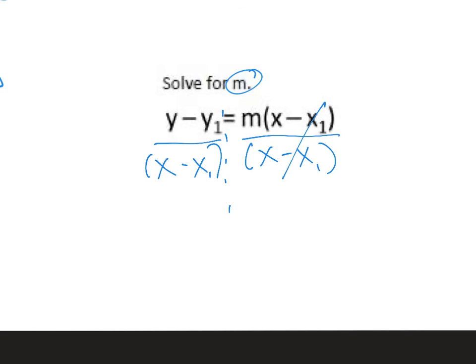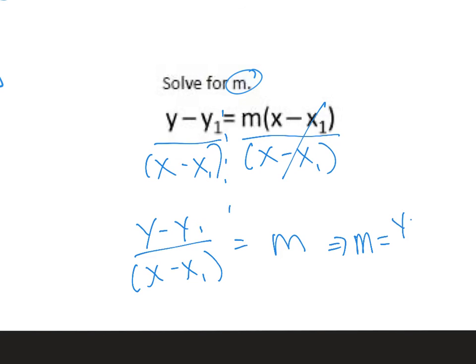We end up with y minus y sub 1 over the quantity x minus x sub 1 equals m. And then we can do our whole little deal where we rearrange, where we put m on the left. So then it reads more like a sentence.